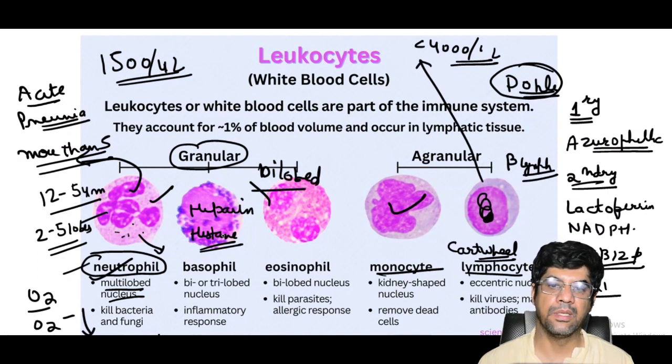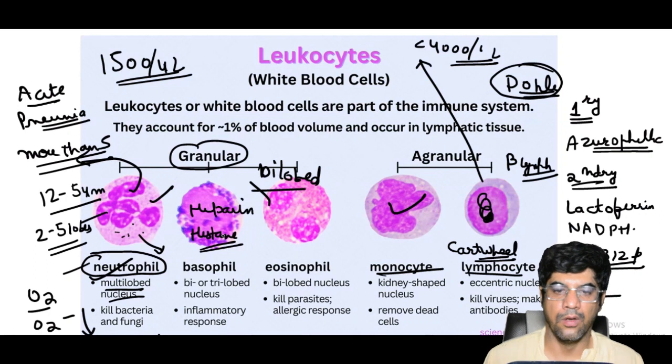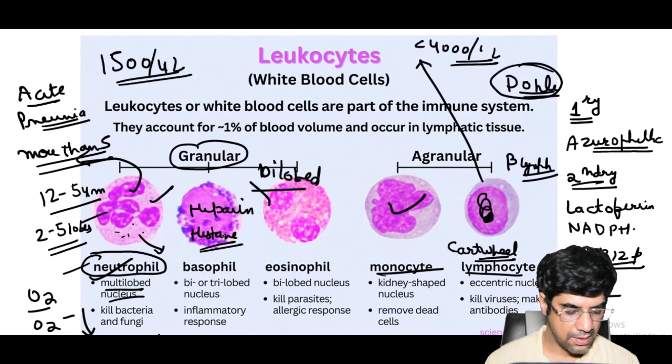Basophilia is the increase in basophilic leukocytes above 100 per microliter. It is seen in chronic myeloid leukemia, polycythemia vera, myelosclerosis, ulcerative colitis. Remember also Hodgkin disease, urticaria, etc.